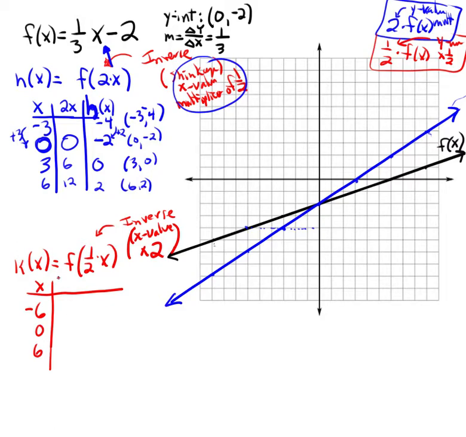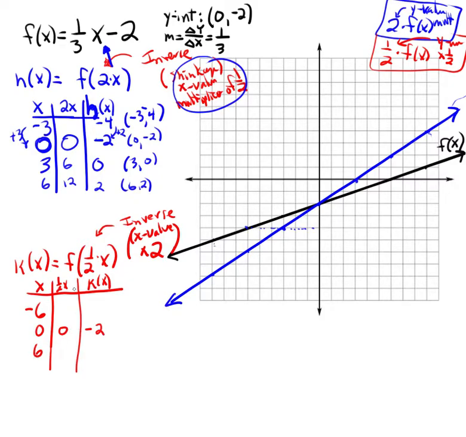So remember, it's going to be the in between, what number I substitute into my parent function to get k of x here. So I'll start with 0. 0 times 1/2 is 0. Then I substitute that in for x up here, and we get 0 minus -2, or -2, is -2.